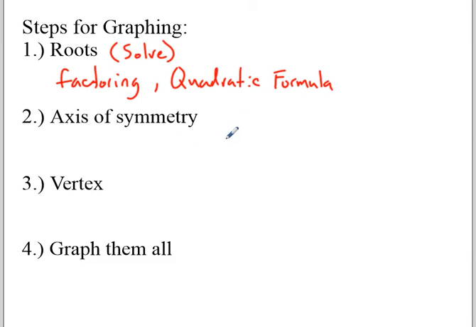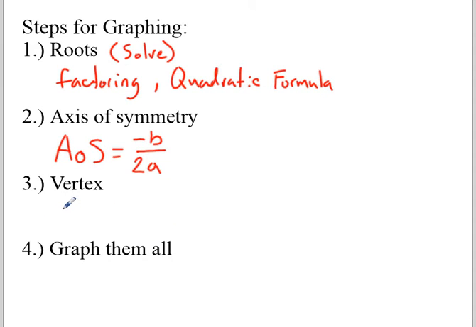The axis of symmetry has its own formula. I use AOS to abbreviate axis of symmetry, and this is found by taking the -b coefficient divided by 2 times the a coefficient, much like we would in the quadratic formula.